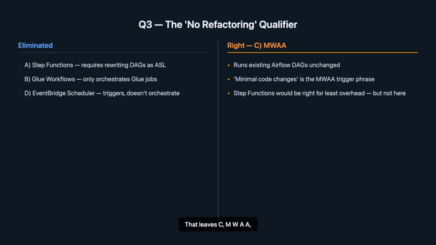That leaves C. MWAA, which runs your existing Airflow DAGs unchanged. Minimal code changes is the MWAA trigger phrase. Notice the subtlety. If the qualifier had been least operational overhead, Step Functions would often win. Here it's portability, and MWAA owns that lane.